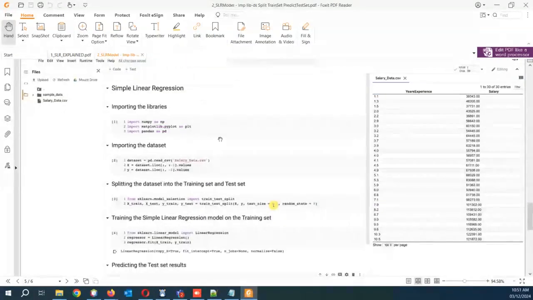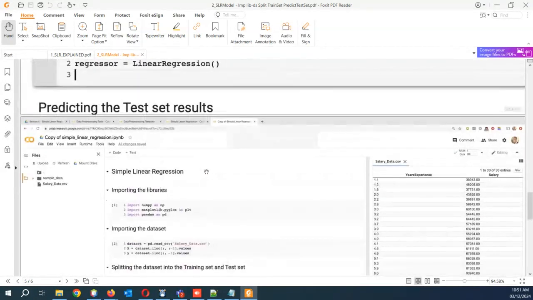You already know part of it: how you will import the libraries, how you will import the data set, bring the data back into your model, and then what you will do in the training set and test set, and how you will train the model. We will learn it in the next lecture. But I will stop it here.